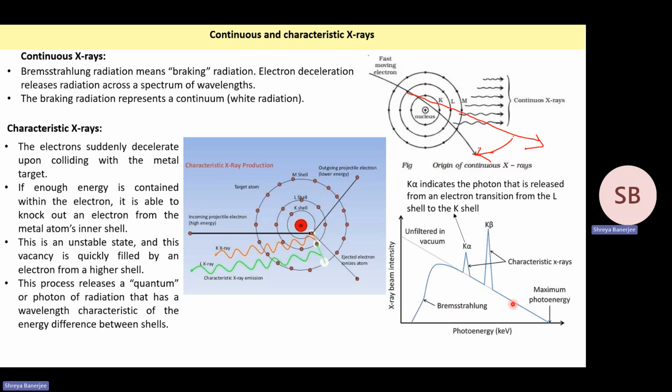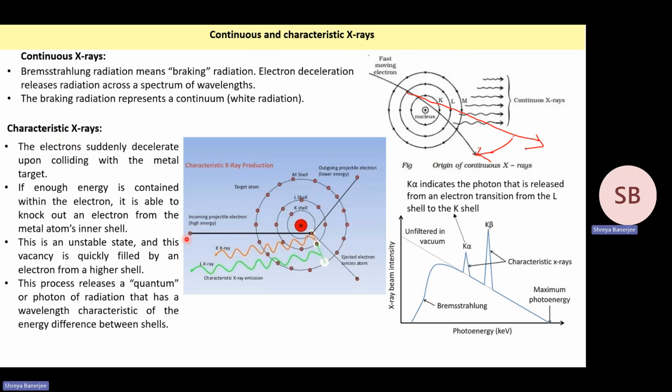So you can see there is a large range of energy or a large range of wavelengths. So it is often called white radiation, because white light has light of all wavelengths, and Bremsstrahlung radiation has many different wavelengths in it. So it is often called white radiation. But the more important X-rays for us are the characteristic X-rays.